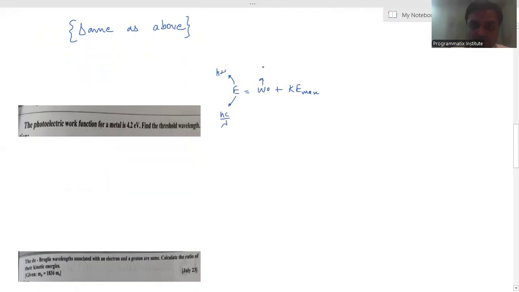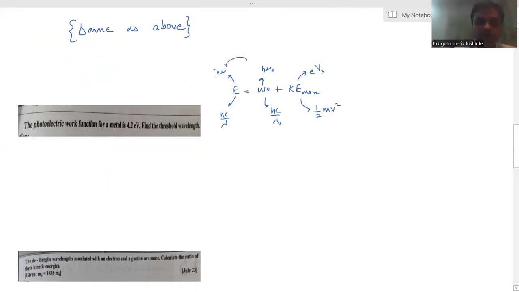You can write work function as h nu naught or hc by lambda naught. Based on the given condition, you can write KE max as eVs, or as half mv square, where v is the velocity and Vs is the stopping potential.